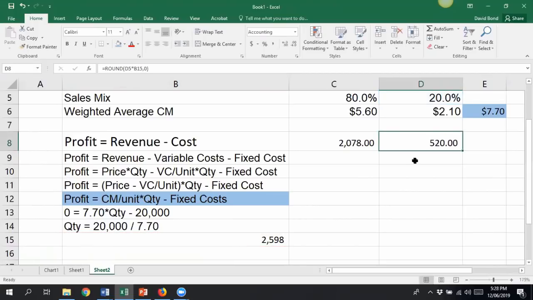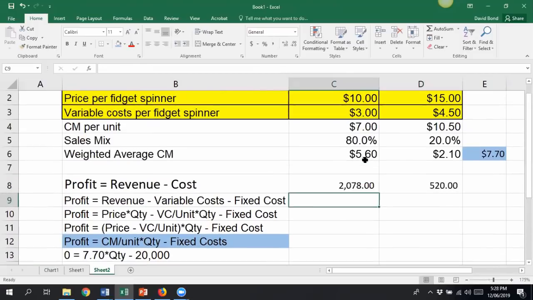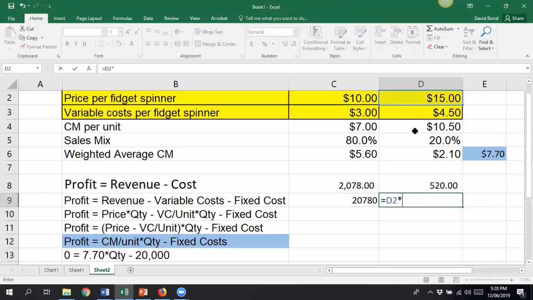Round that. Okay, so that's the number of units, equals $10 times that many units, equals $15 times that many units.